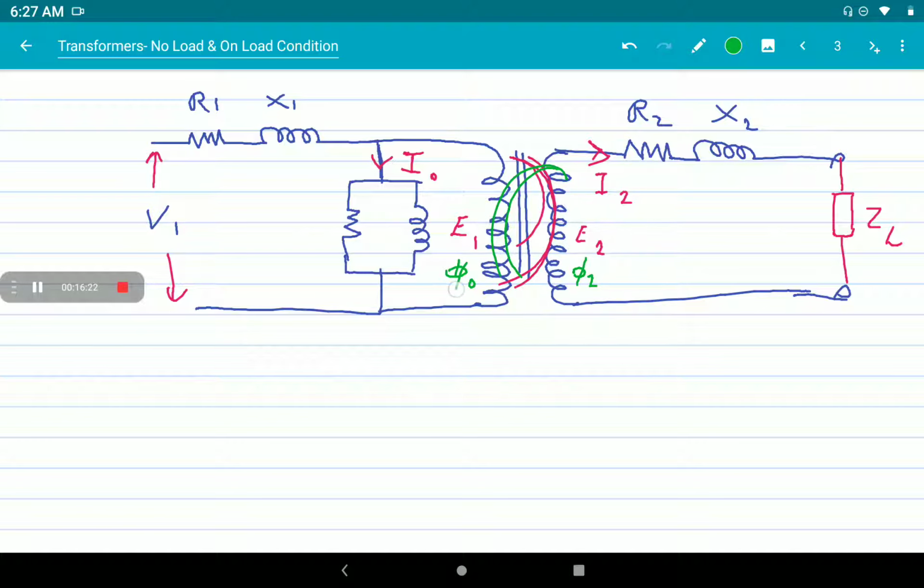There will be a flux phi 2 which is equal and opposite to phi 0. So the flux produced in the secondary will try to kill the flux on the primary. So we have to overcome this situation. So it produces an extra current I2 dash on the primary winding when it is loaded.